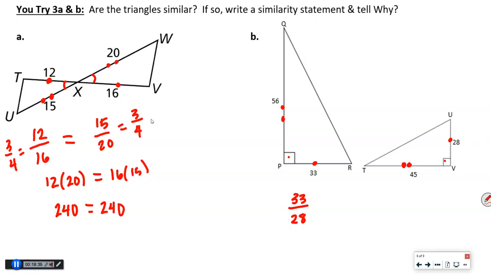And is that equal to 56 over 45? So here again, there's a couple ways we could do this. We can do 33 divided by 28. That's 1.1786, we'll say. And then 56 divided by 45.